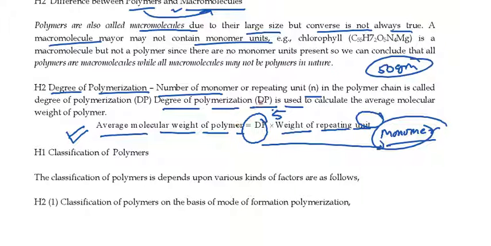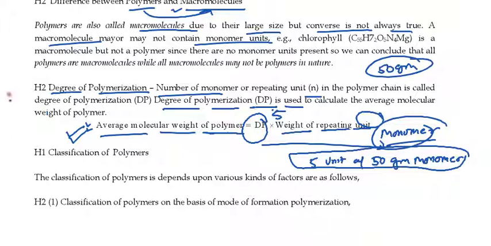By multiplying both values, you get the average molecular mass of the complete polymer, meaning 5 units of 50 gram monomer in the chain. By this definition of degree of polymerization, we get the average molecular weight of any polymer.